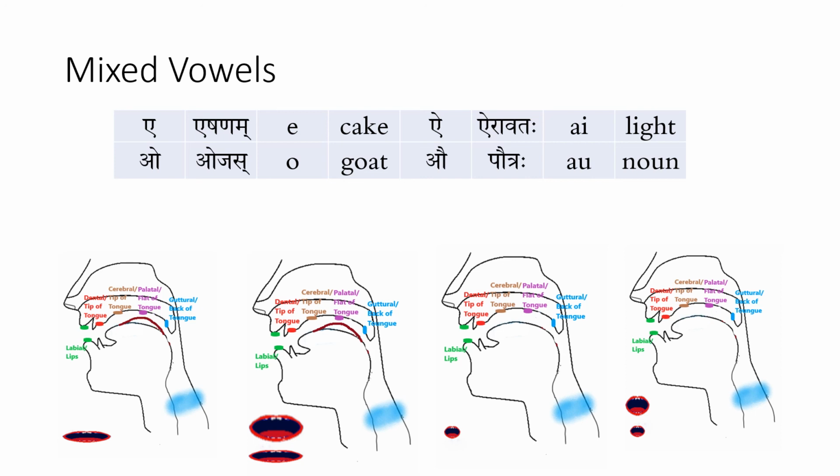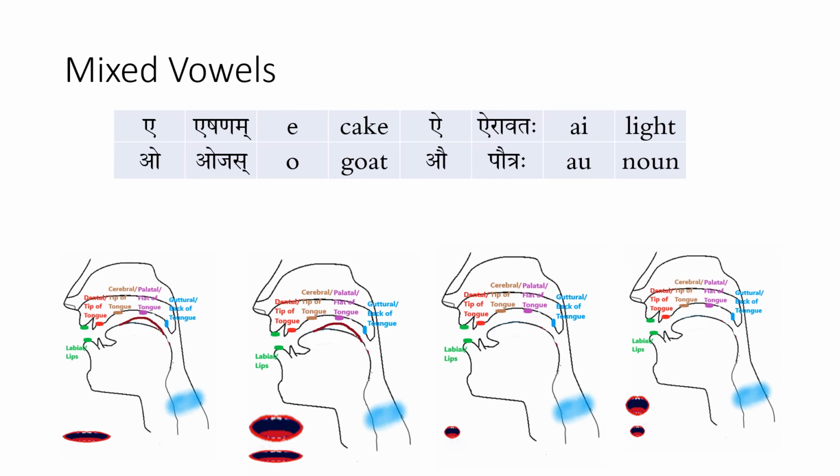The last one is the ow sound, which is a combination of A and U sounds. When A and U are pronounced quickly, it becomes ow. The muscles in the throat are relaxed, and we start with A, the wide open mouth, and quickly change it to the U position, ow.